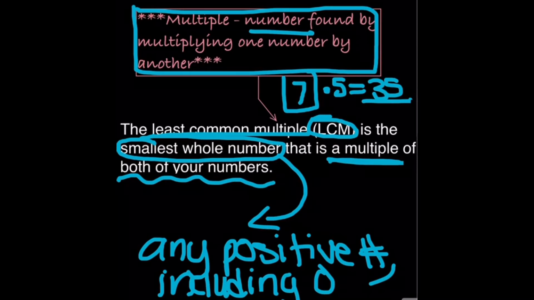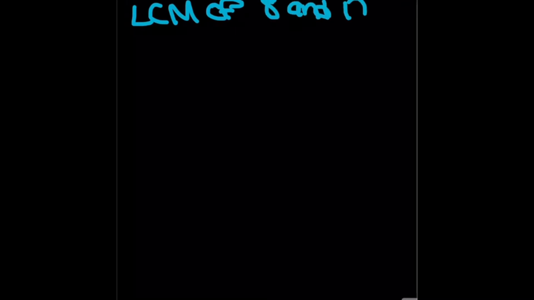So let's do some examples of finding the LCM. What if they ask you to find the LCM of, let's say, 8 and 12? You could just list all of the multiples out.